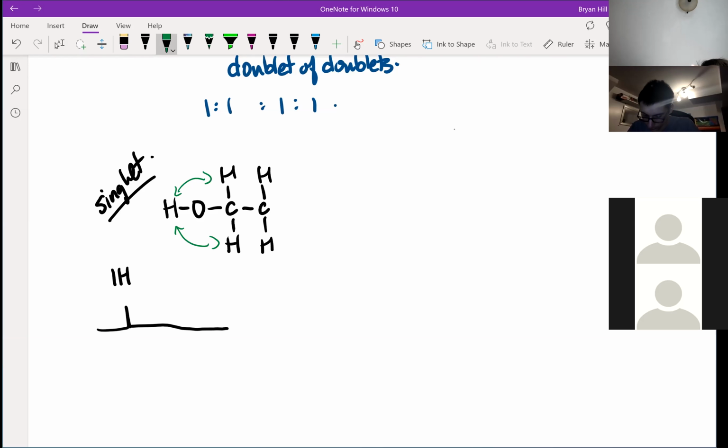And so there was a question about why there was no coupling to that proton. And that got me thinking about hydroxyl protons in general.